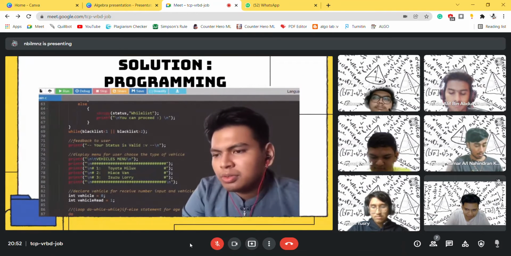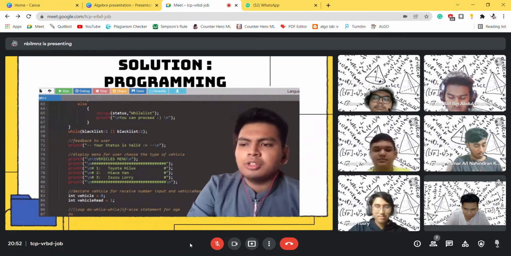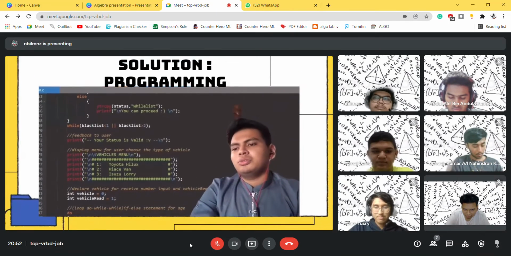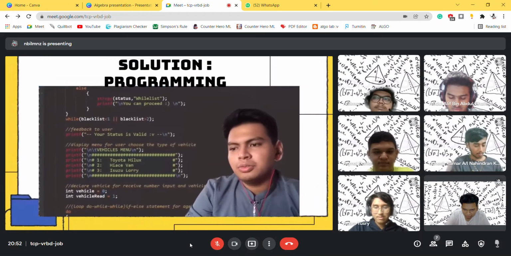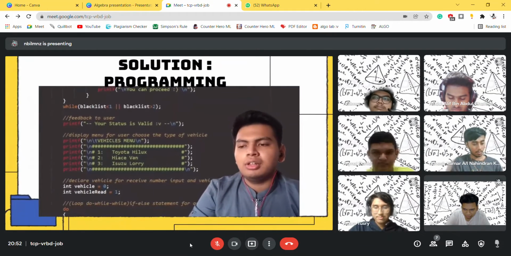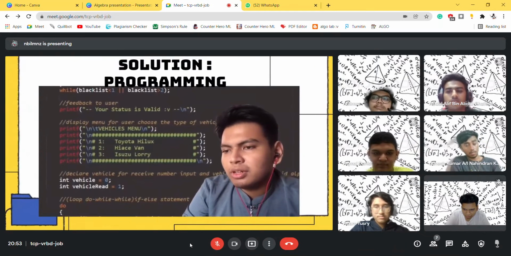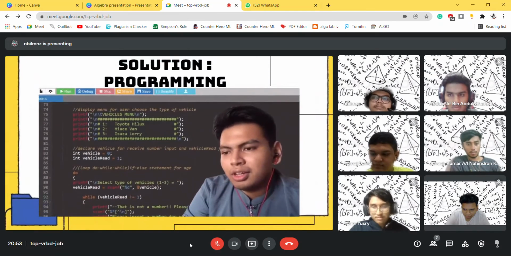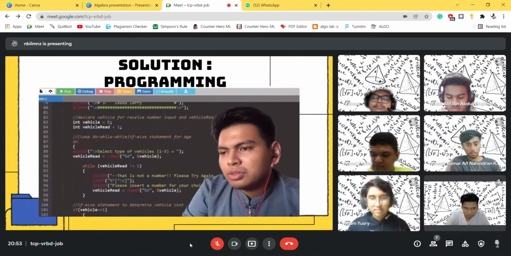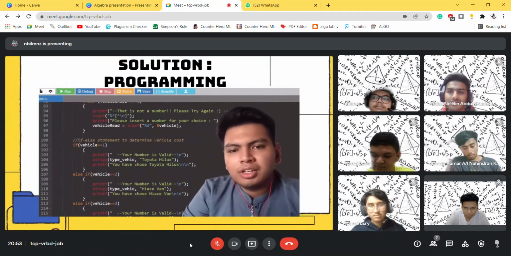After that we go to the menu, the vehicle menu. So there are 3 choices. The user can choose 1 for Toyota Hilux, 2 for Isuzu van, and the last one, 3, is Isuzu lorry. After that, the user can select the vehicle from 1 until 3. So the if else statement is just to determine the vehicle.